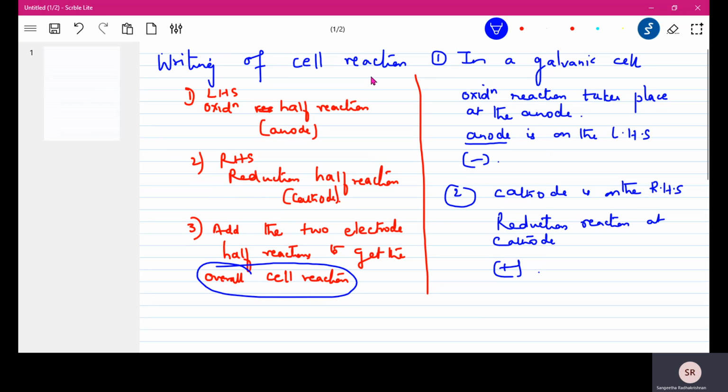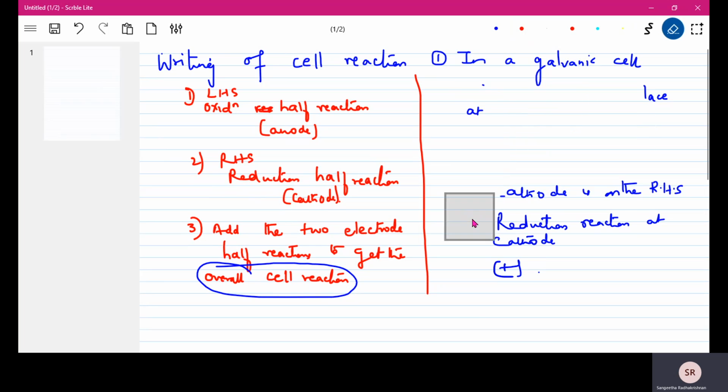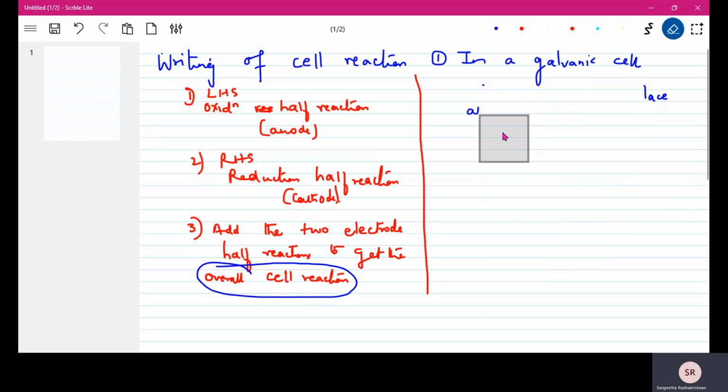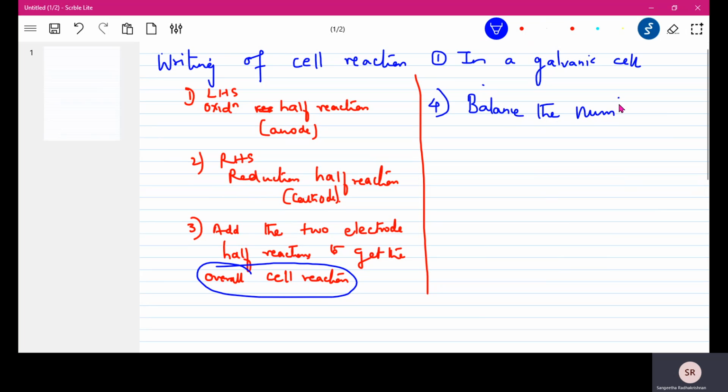Okay. So again, what we need to remember here is we have to balance the number of electrons. The fourth point you need to remember is balance the number of electrons.